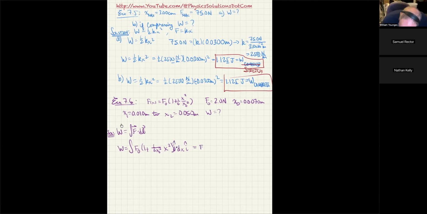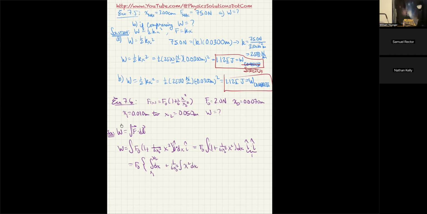So this becomes F0 out in front, the integral of 1 plus 1 over 6 x0 squared times x squared times dx, times i hat dot i hat, which is just 1. So this becomes F0 times the integral of dx from x1 to x2, plus 1 over 6 x0 squared times the integral of x squared dx from x1 to x2.